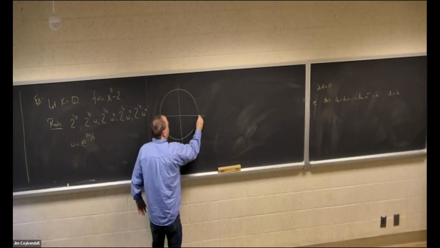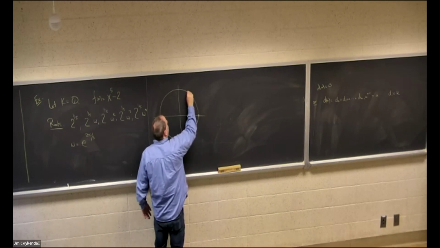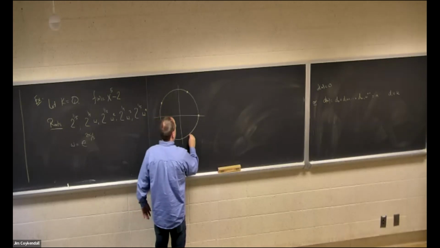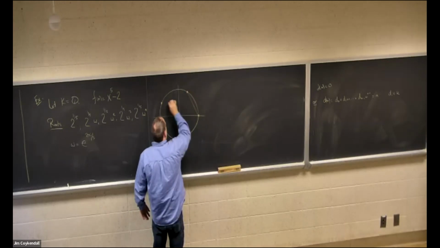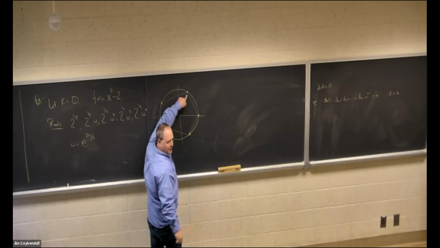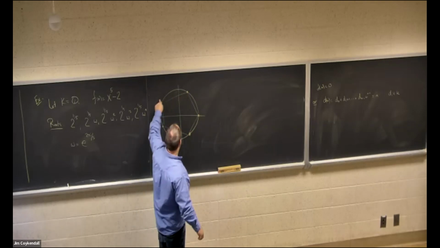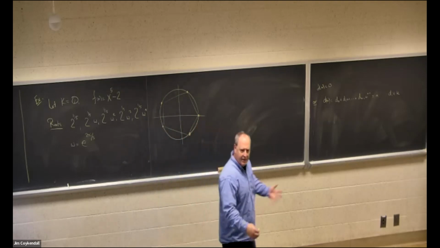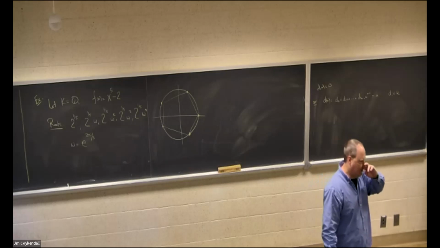So the 5 complex roots of unity basically show up every 72 degrees or so, like this: 2 pi over 5, 4 pi over 5, 6 pi over 5, 8 pi over 5, and back to 1. How many of you have seen this where you do this kind of thing on the circle?